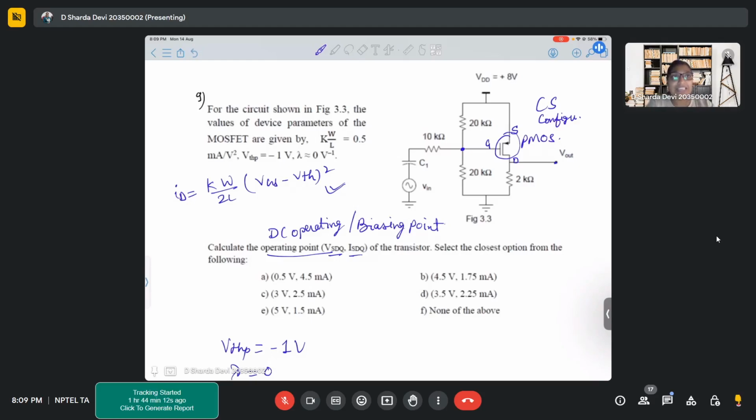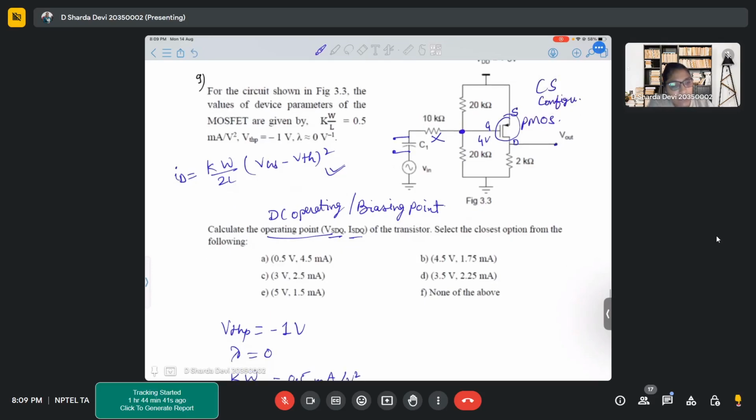So when it is DC, your capacitor will be open circuited, so this resistor will not come into the picture. What is the voltage that we'll see over here with 20 kilo ohms? We'll see 4 volts at the gate, and source is at 8 volts.